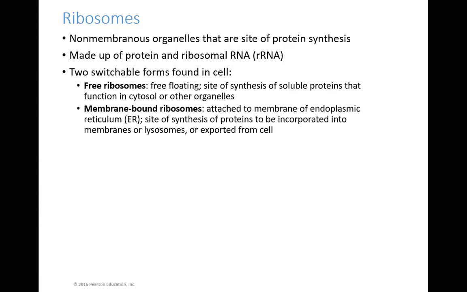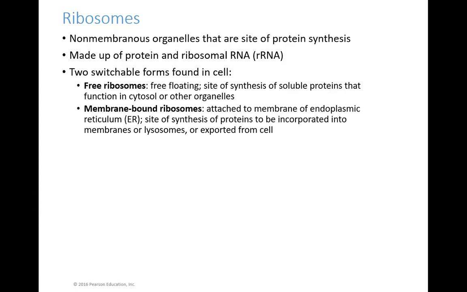The assembly of proteins takes place at the ribosomes. If we couldn't assemble our proteins at the ribosomes, our cells would cease to function. And then shortly thereafter, we'd cease to function.